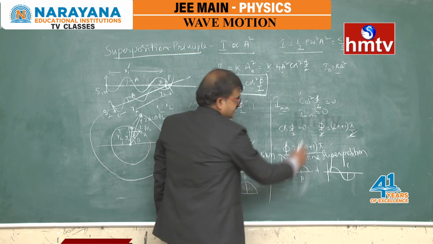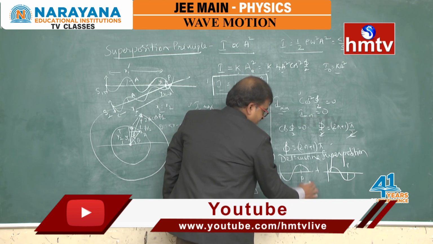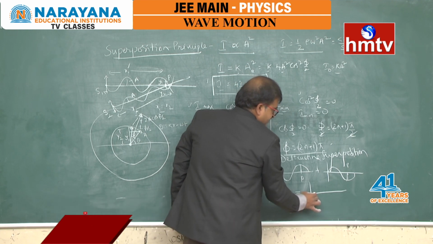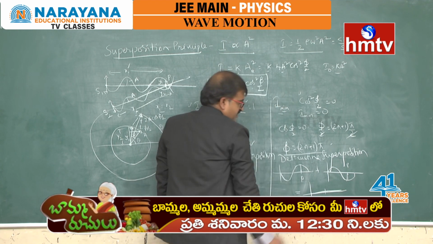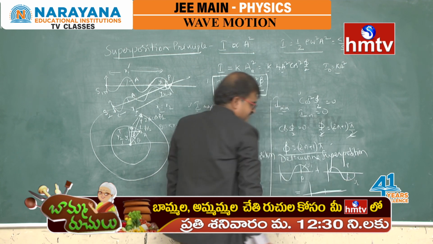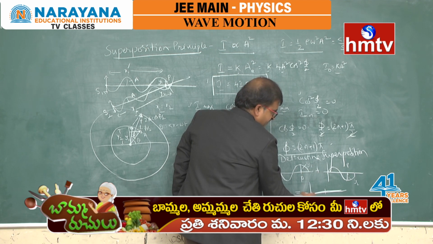Then this causes complete cancellation, it becomes flattened. If the two displacements are y1 and y2, then it will be y2 minus y1 or y1 minus y2.